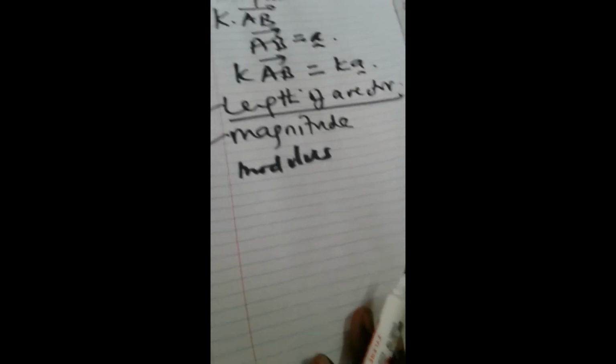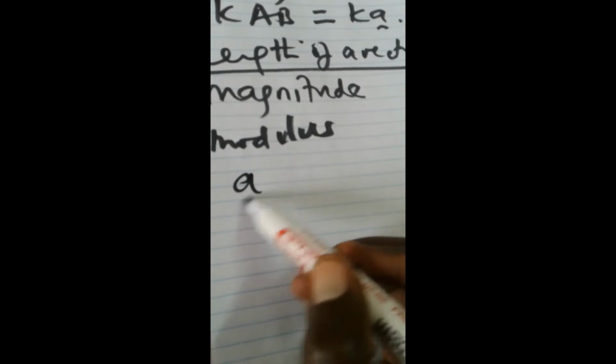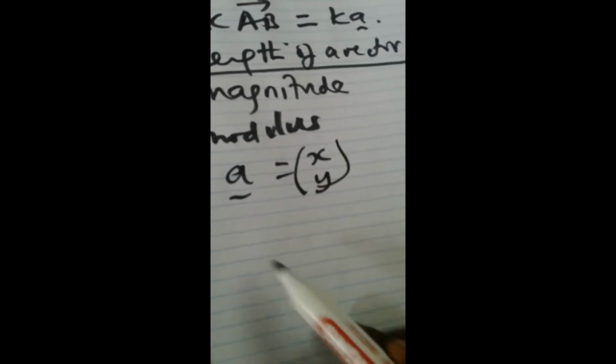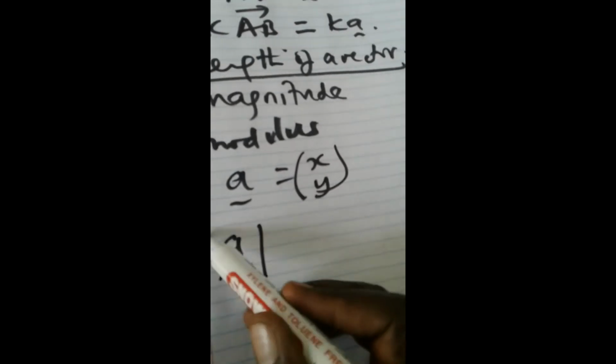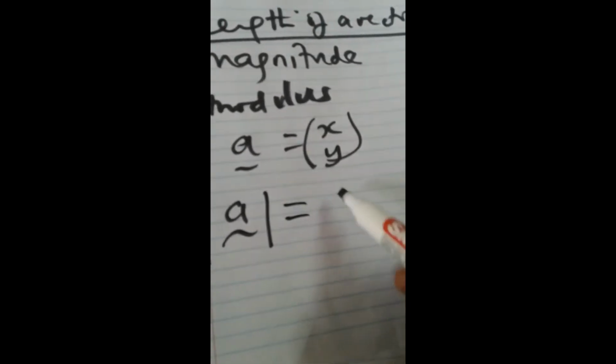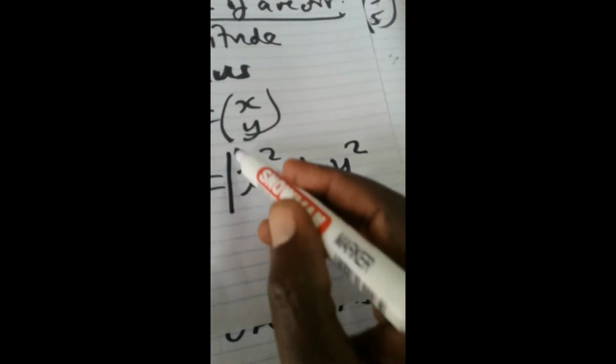And here we shall use Pythagoras Theorem. Therefore, if we have a vector, say A as (x, y), the length of A, we can write A with double lines, and this is the square root of the square of x plus the square of y.